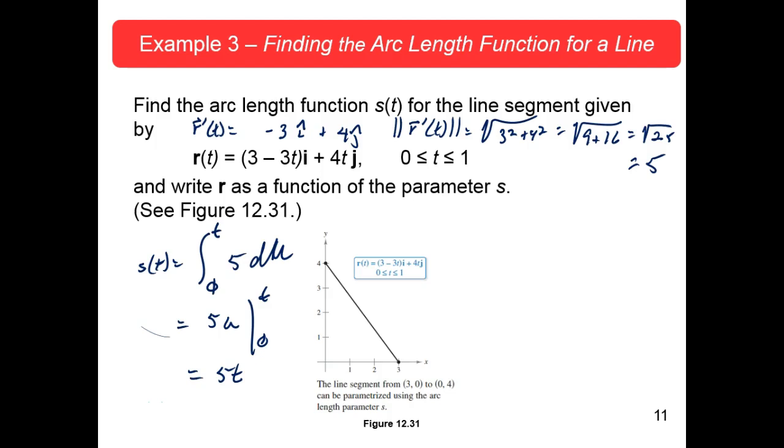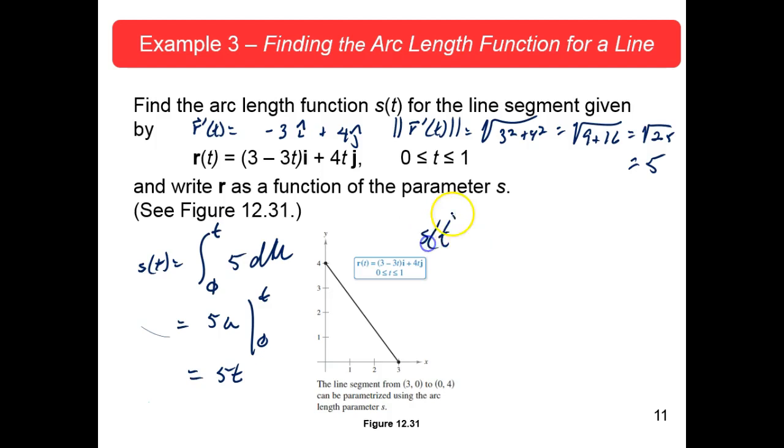Okay, now it says write your r as a function of the parameter s. What you have to do here is, you have r as a function of t, but s is a function of t, so you have to get t as a function of s.